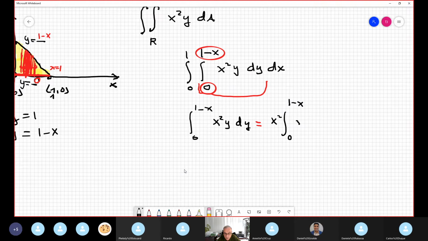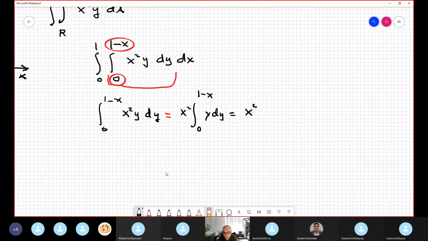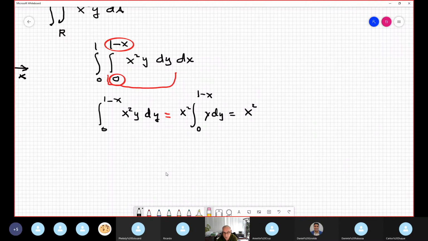You put it outside, and you focus on this integral, which is y, so y squared over 2. Evaluate between 0 and 1 minus x. Then 1/2, if you want to put x squared outside, then 1 minus x squared. Something like that, right?